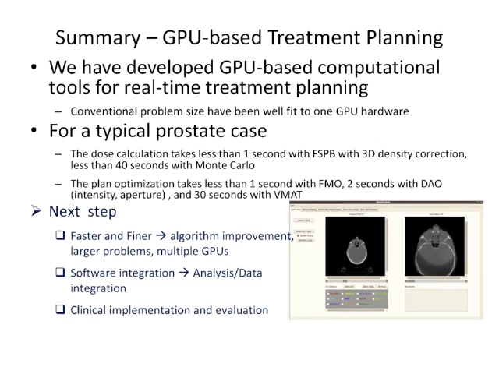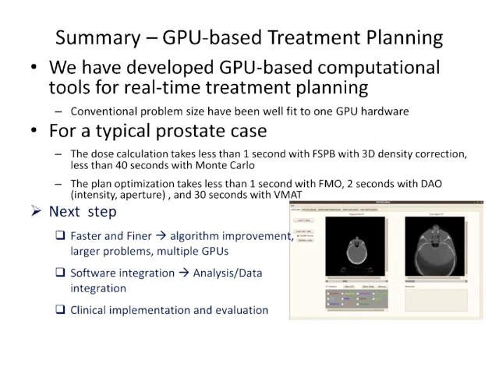So for typical prostate cases, the achievement is one second for the FSPV calculation, 40 seconds for the Monte Carlo. Monte Carlo doesn't have to be involved in repeated processes because the corrected FSPV now shows very impressive realistic output simulation.